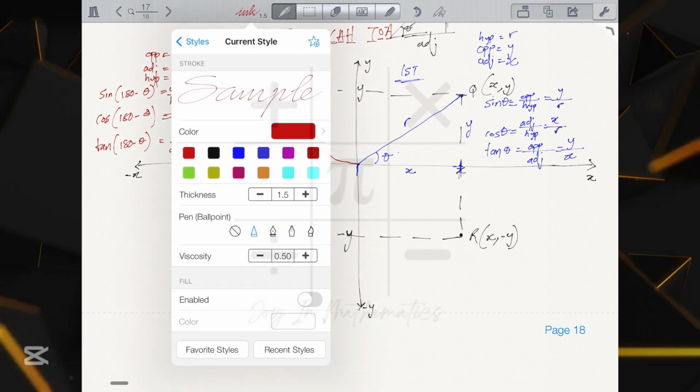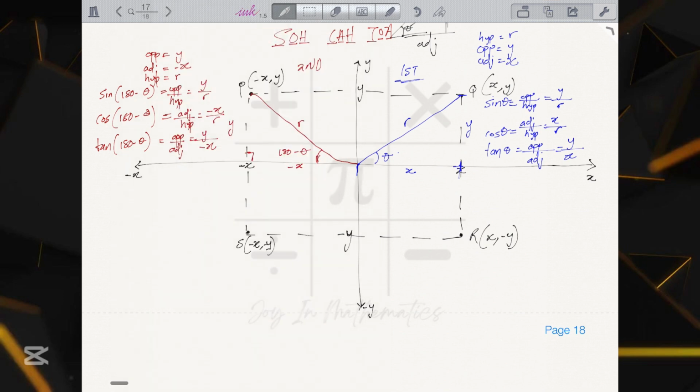Let's move on down to the third quadrant. The third quadrant, point S, has the acute angle of theta minus 180. Theta minus 180. The opposite to this is y, which is in the negative direction, that's minus y.